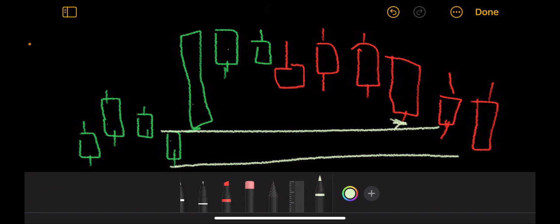Now, sometimes it'll come right here and just reject off, or sometimes it might come down here a little bit. But what it normally does is it sets the move to go back up. So it has a big impulsive move up. This gap, all this in here, has to get filled.